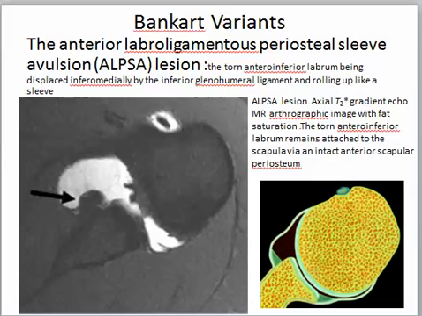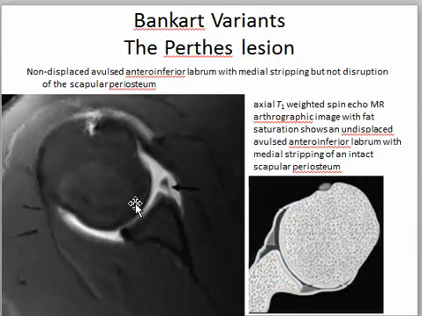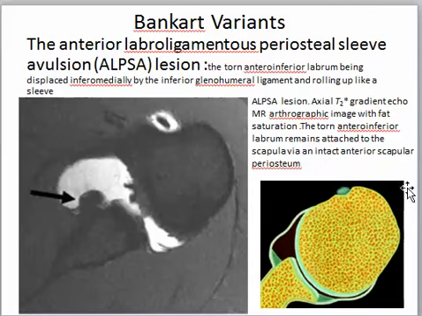In the last one, in the Perthes, it was not displaced. It is in the same alignment. If it is displaced, that means there is periosteal sleeve avulsion. Part of the periosteum is avulsed, and the labrum is seen away from its site.